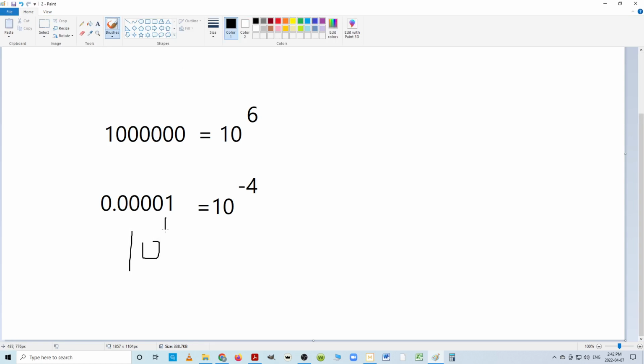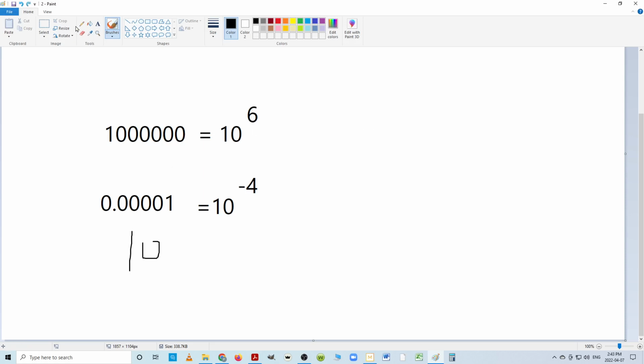So 10 to the 1 would be that. 10 to the 0 is 1, right? So 10 to the negative 1 is 0.1. 10 to the negative 2 is 0.01. 10 to the negative 3 is 0.001. And 10 to the negative 4 is 0.0001. So that's how you think of it logically. Negatives are moving the decimal this way, and positive increases are moving the decimal this way.